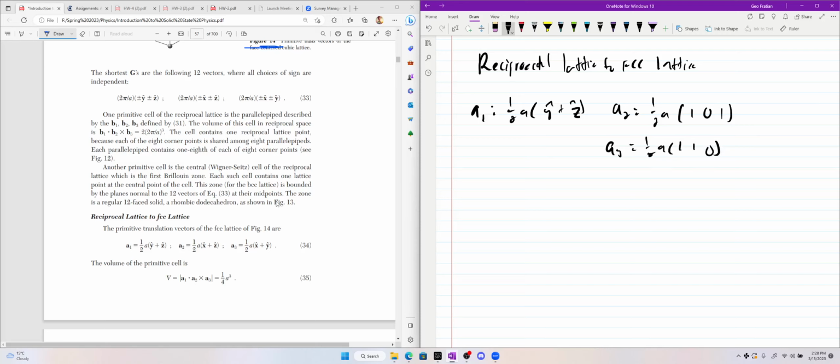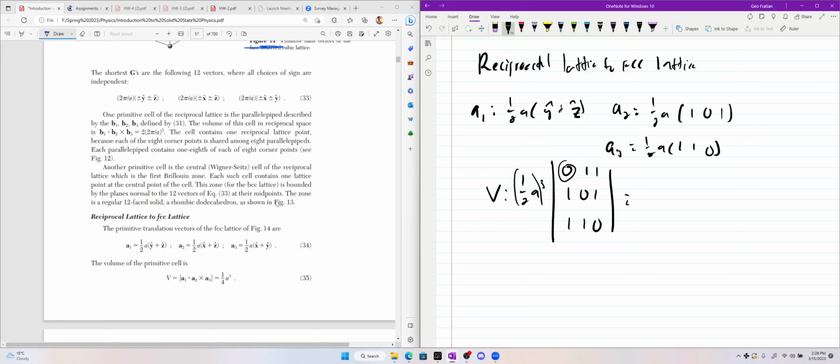The reason why is we find the volume, right? That's 1/2 a cubed, like that, times the determinant of 0, 1, 1, 1, 0, 1, 1, 1, 0. If you want to do the math, you can. So this one goes to 0 because it starts with 0.